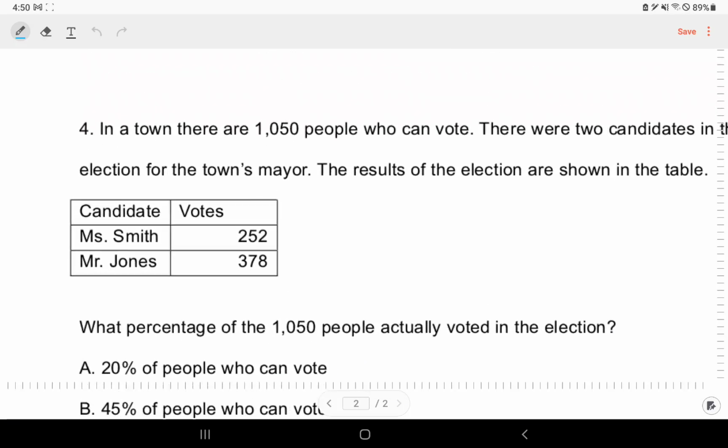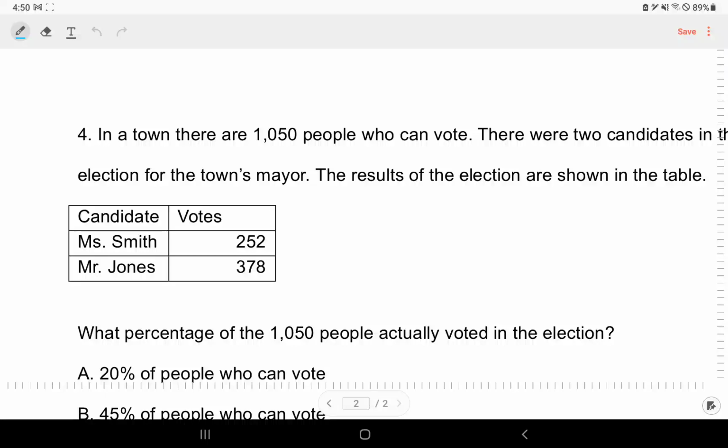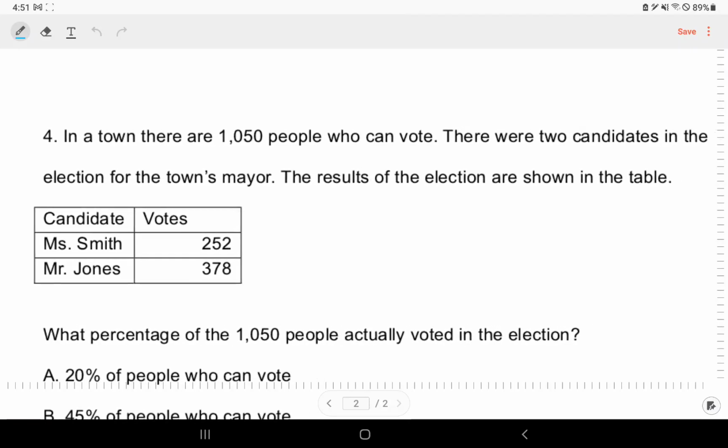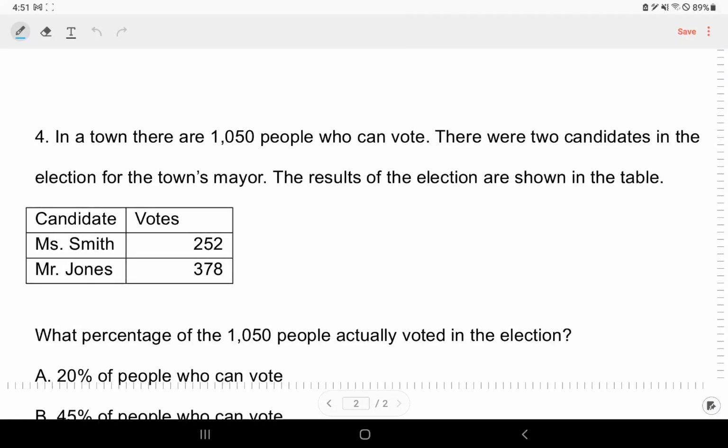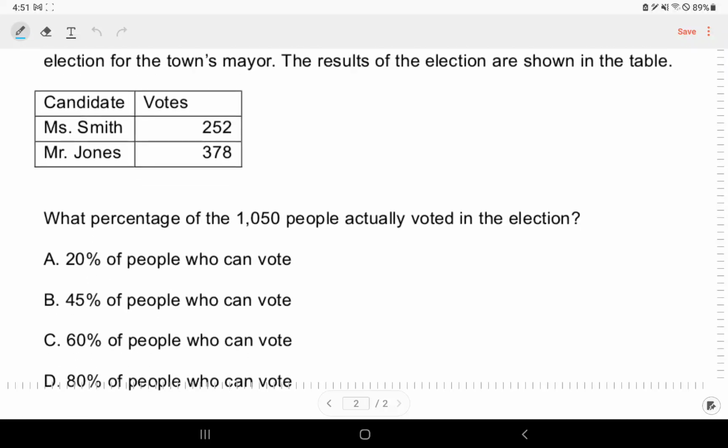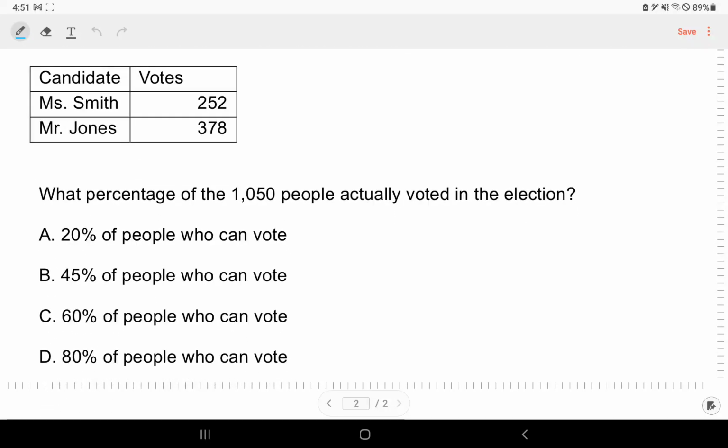Okay. Question 4. In a town, there are 1,050 people who can vote. There are 2 candidates in the election for the town's mayor. The results of the election are shown in the table. What percentage of the 1,050 people actually voted in the election?